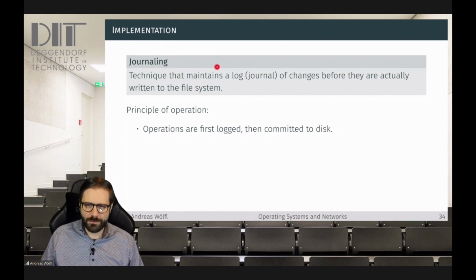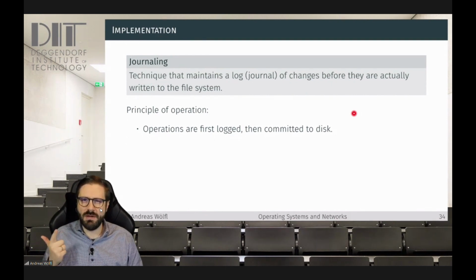And this works in that we write into the journal what we are doing next before we actually do it. So if we delete a file, for example, a lot of things need to happen, right? When we delete a file, we need to remove the inode of the file from the inode structure.